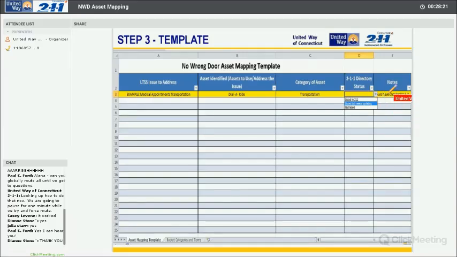So if it's listed but needs updating, perhaps you have a little note here about what needs to be updated in the 2-in-1 directory, or some other helpful notes for yourself, to aid you in your analysis as you're looking at your inventory.